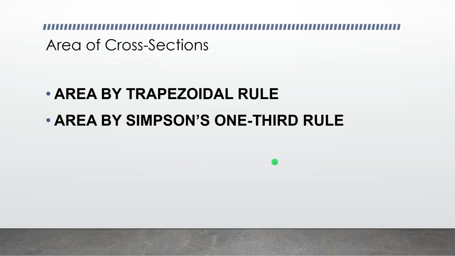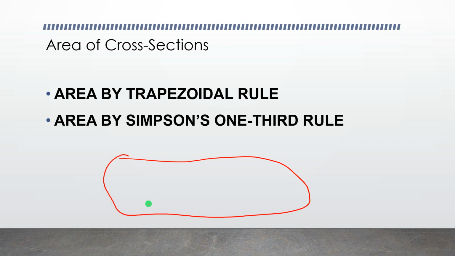The area of any irregular plane figure, such as this one, can be found approximately by dividing it into a number of strips or panels by a series of equidistant parallel chords.